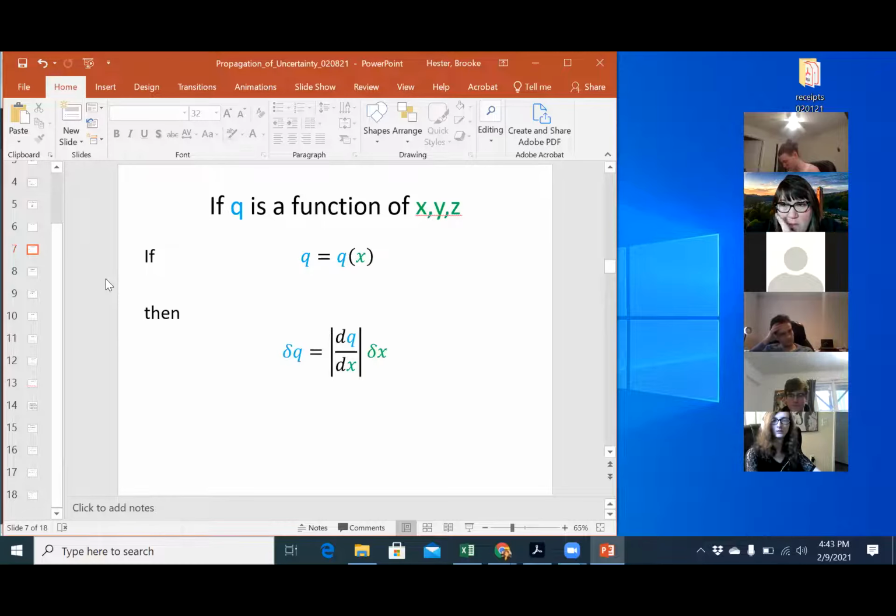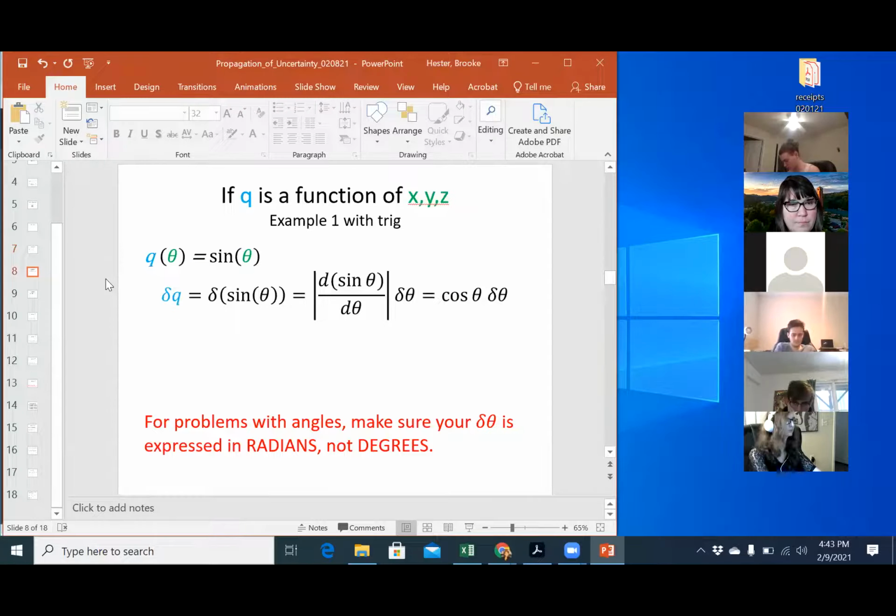Okay, right now we're going to have it only a function of x or y or z, but later you might have multivariable functions. So for now, we're just going to stick to one variable at a time. Here's an example with a trigonometric function.